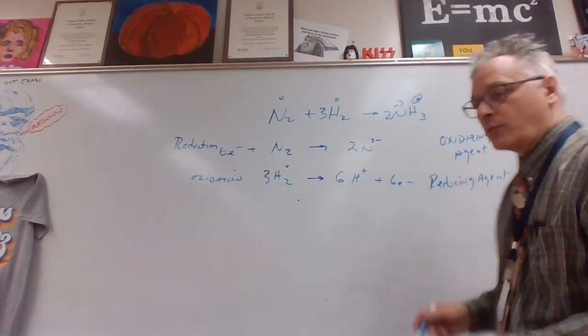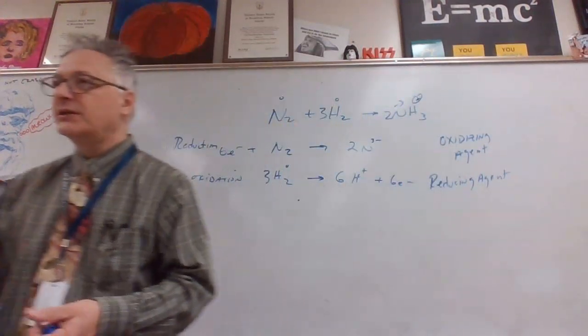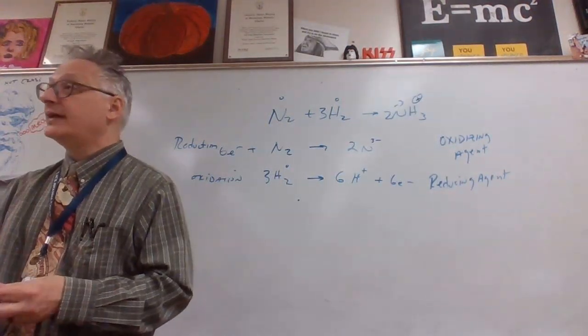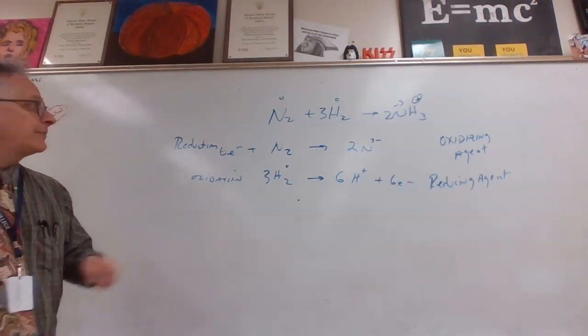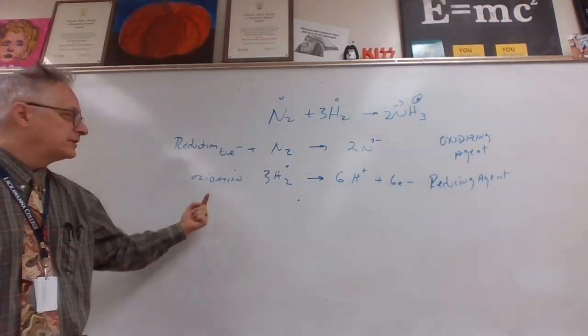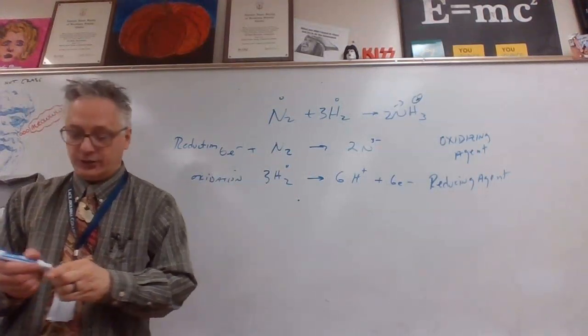So later on, when we start looking at more reactions, they'll say, hey, which one's the oxidizing agent? Which one's the reducing agent? And it's the opposite of what's happening. If this is being reduced, it is the oxidizing agent. If this is being oxidized, it is the reducing agent.